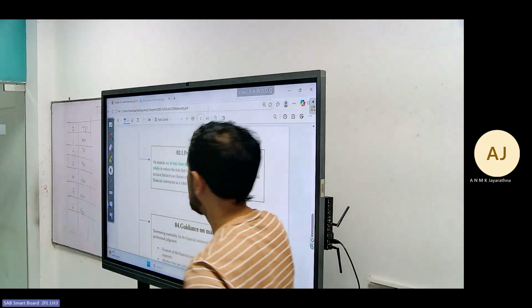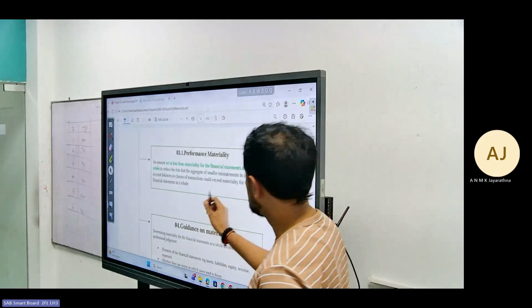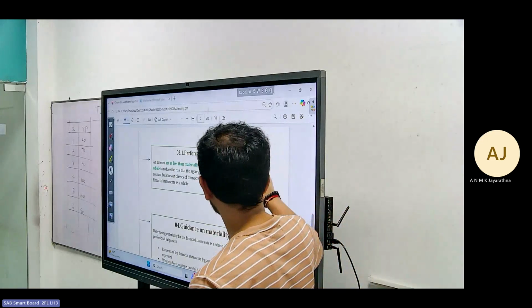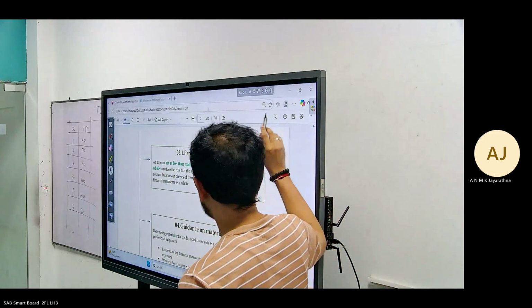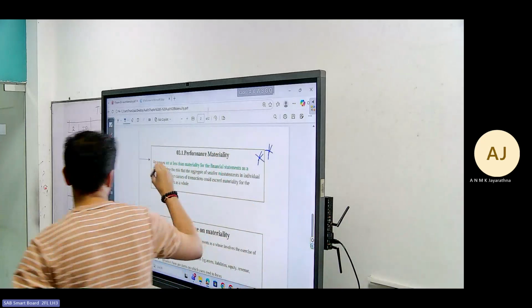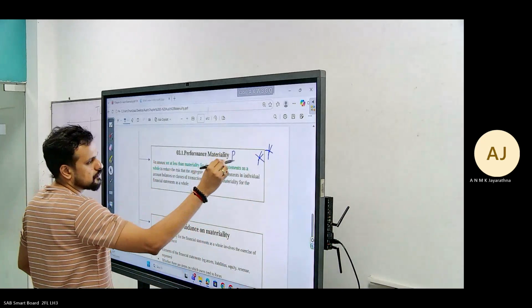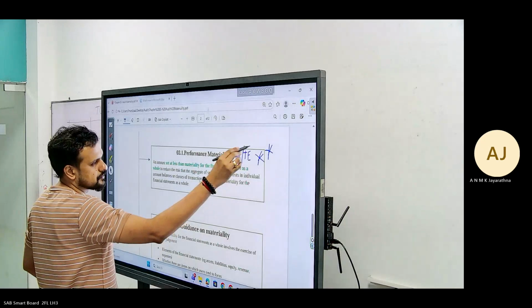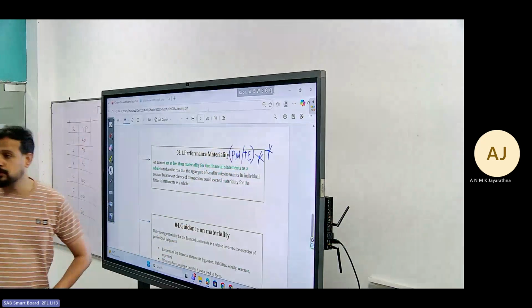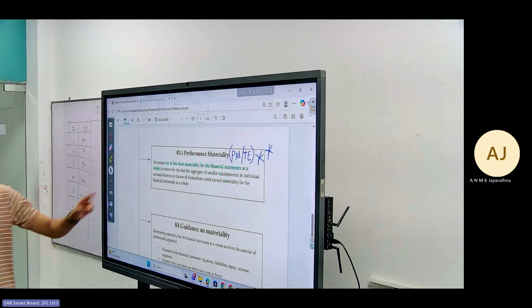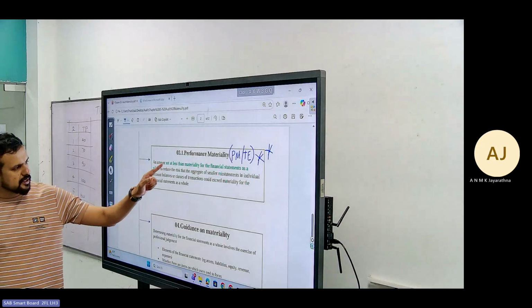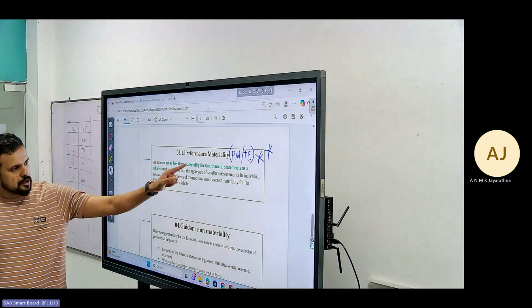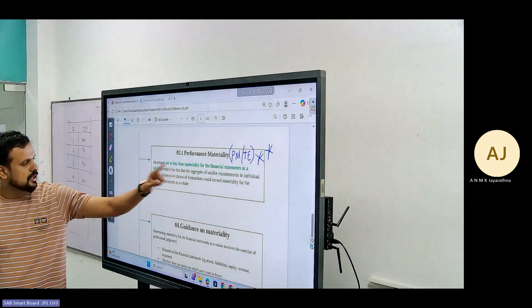Performance material. Okay, this is important. PM. Performance material: an amount set at less than materiality for the financial statements as a whole.